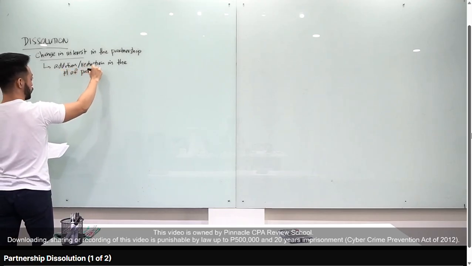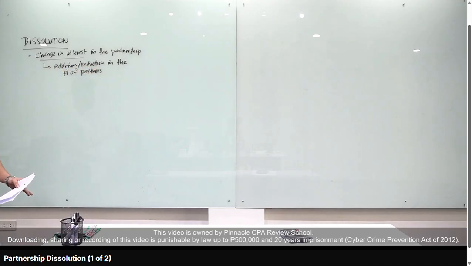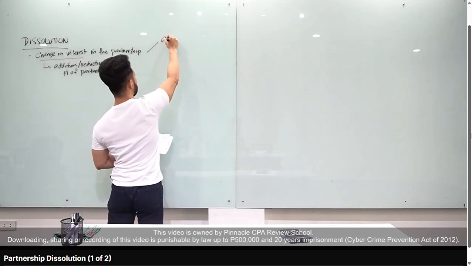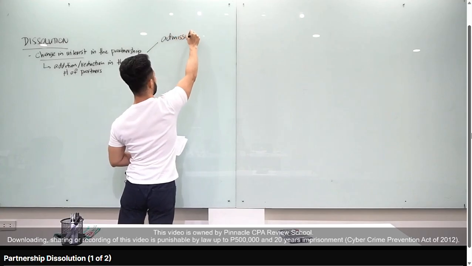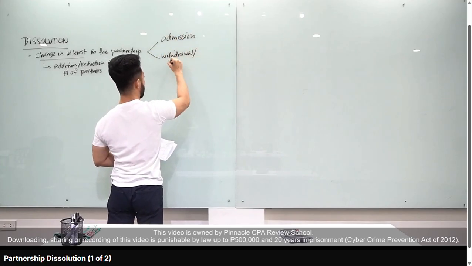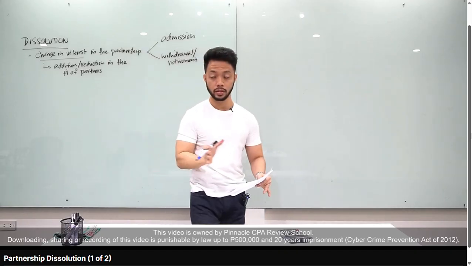So it's either natagdagan or nabawasan yung number of partners. You call it dissolution. There's a dissolution whenever there's an admission of a new partner or withdrawal or retirement of an existing partner.